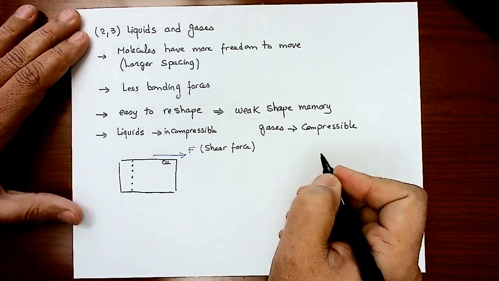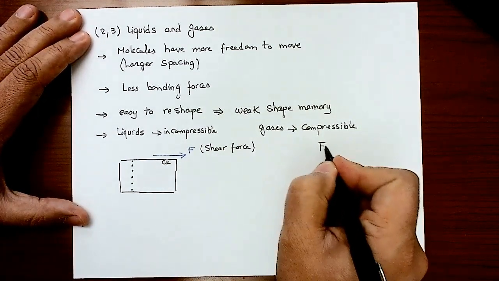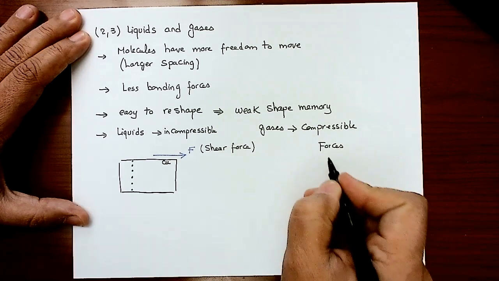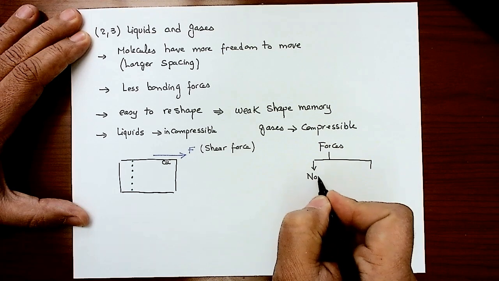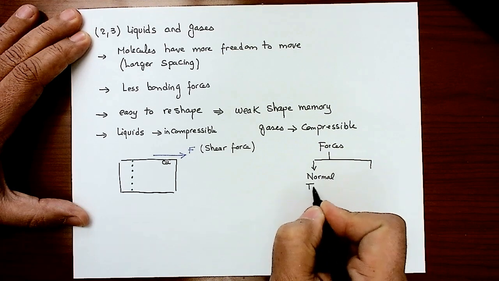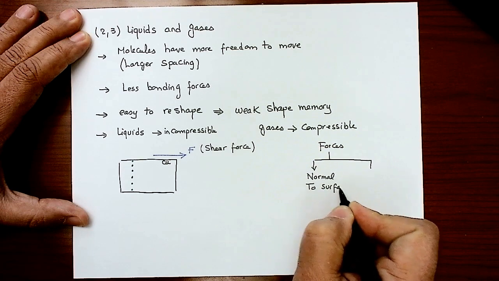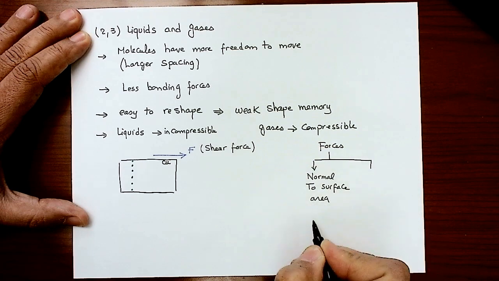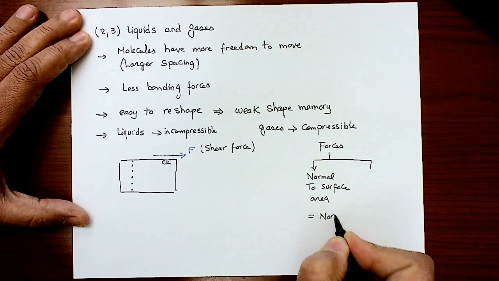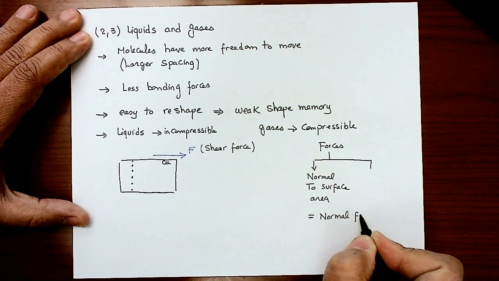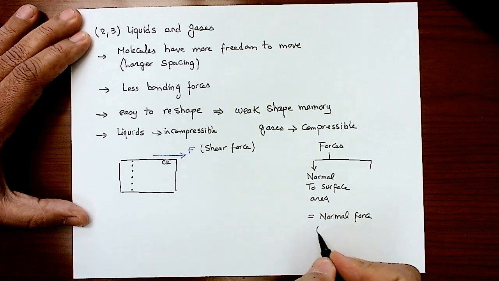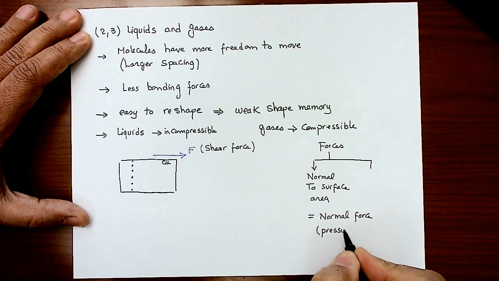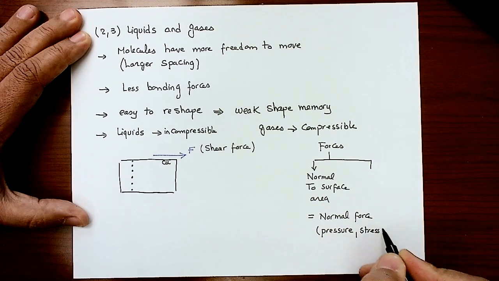Let's take a side note here and define different types of forces. Forces applied can be divided into 2 categories. The first one is force that's normal to the surface area, and we call that the normal force. This normal force can cause either a pressure or a stress, normal stress.